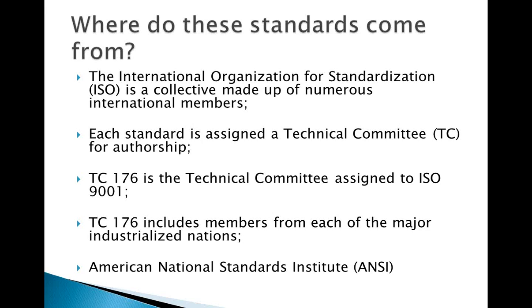TC 176 itself also includes members from each of the major industrialized nations, accounting for roughly 75% or so of the world's nations. They all have participation in the preparation and approval of the ISO 9001 standard. The United States representative to TC 176 and to ISO at large is the American National Standards Institute, or ANSI. They are based in Milwaukee.